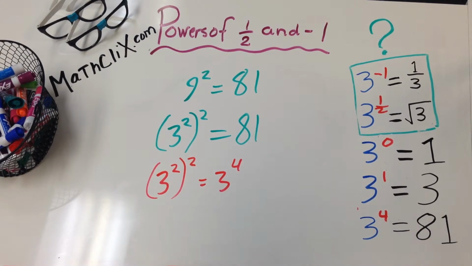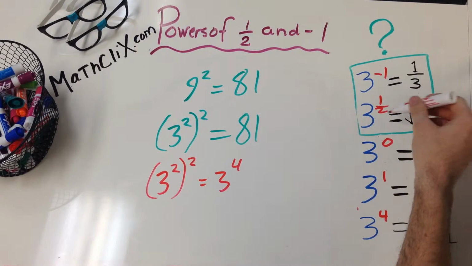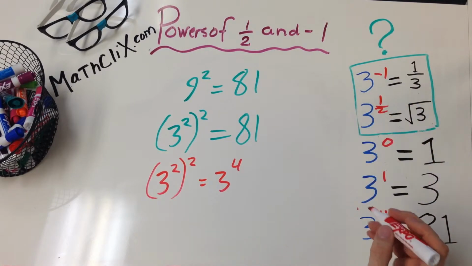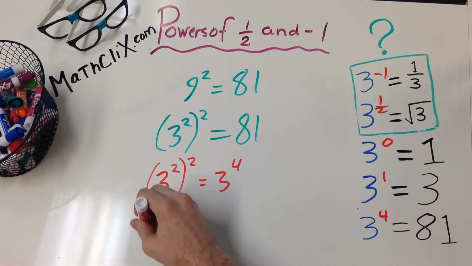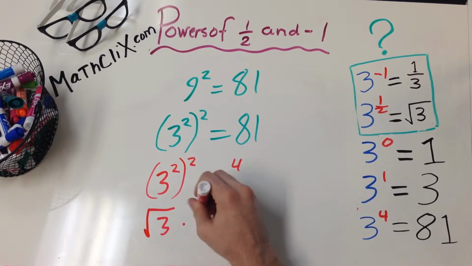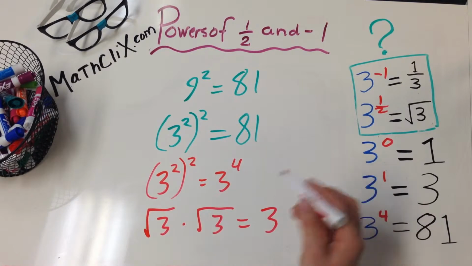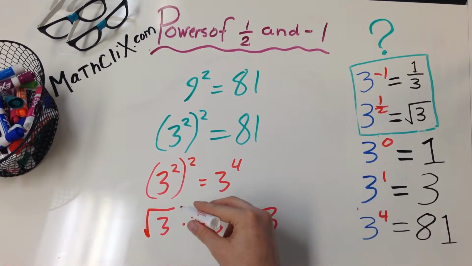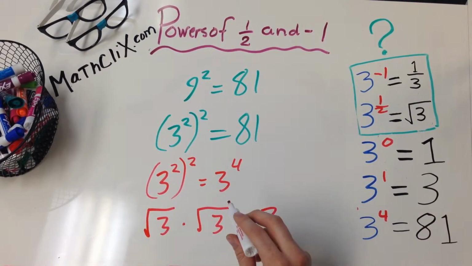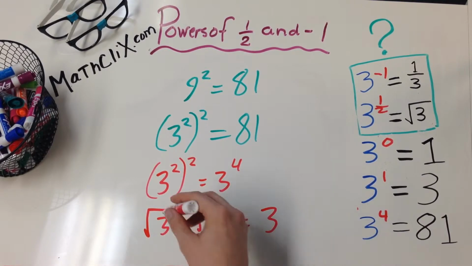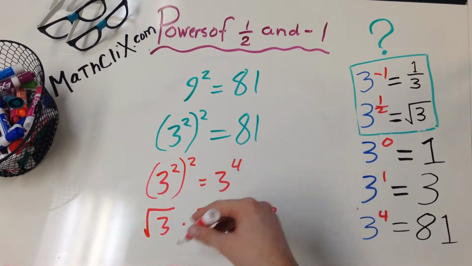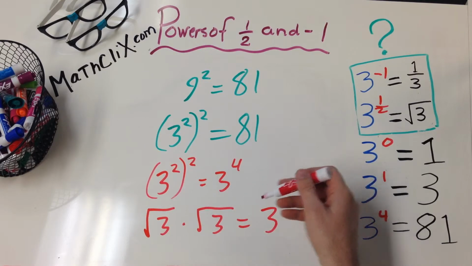So what does that have to do with fractional powers? Well, we're really just distributing this fractional power among different bases. Well, we know that square root of 3 times the square root of 3 equals just 3. Since it's a square root, we like to use a 1/2 to indicate that it's coming from a square and not from a cube, or else we would use 1/3.